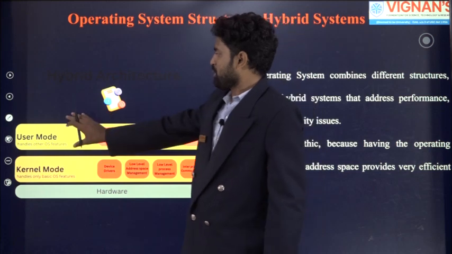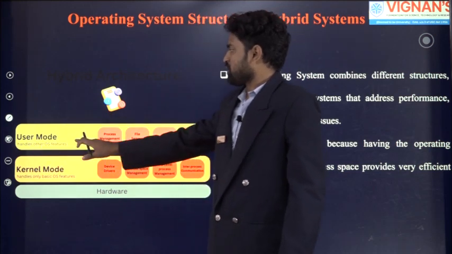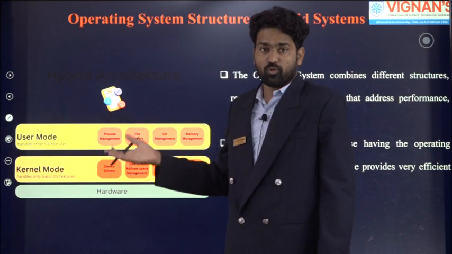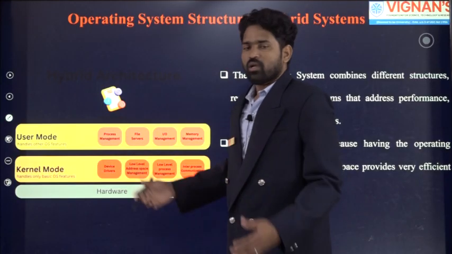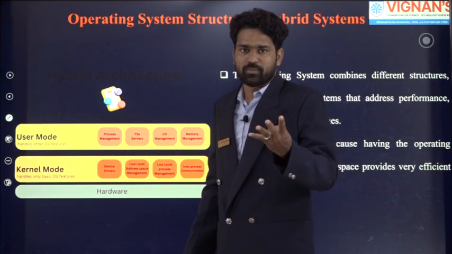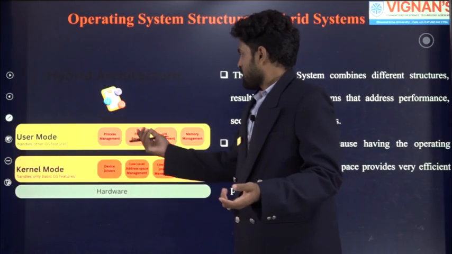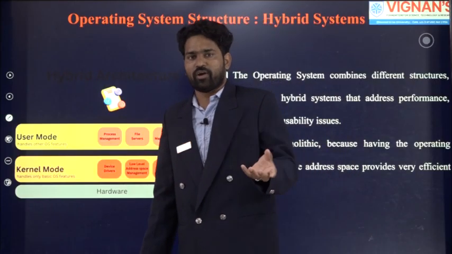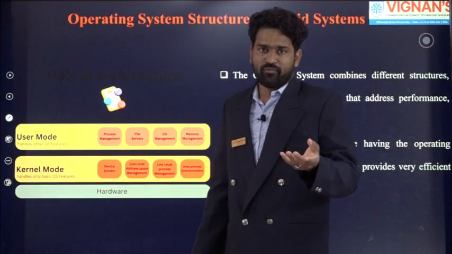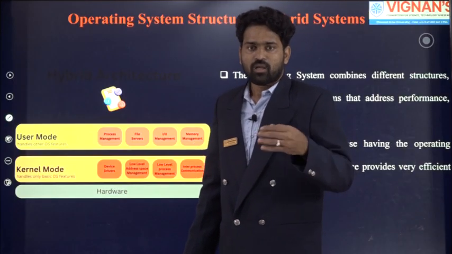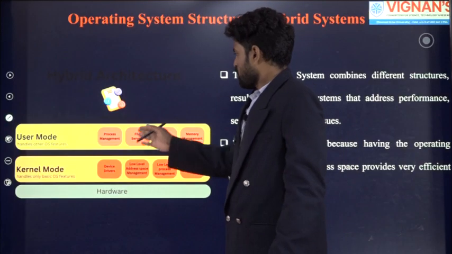One is going to handle other OS features. Whatever features the OS provides, for example, process management, how we are managing the process, and file servers, where we are storing our files, how we are going to open the file, create the file, and read the file. All will be here.